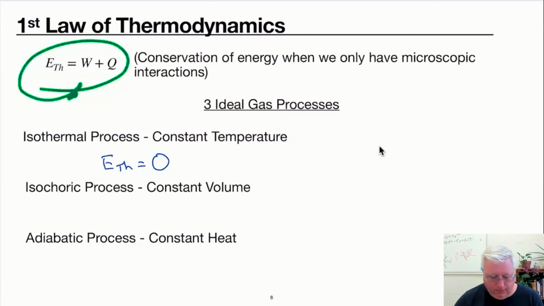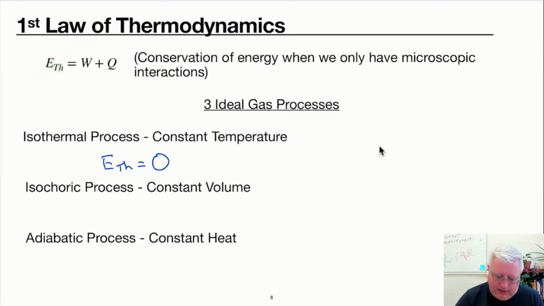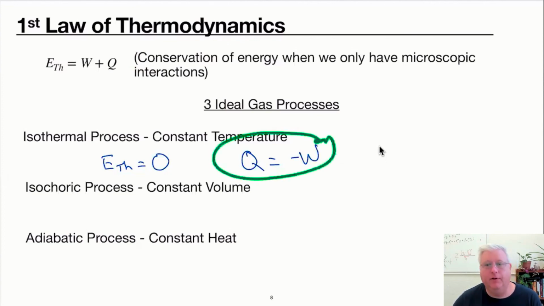If we get rid of the thermal energy term, we're just left with the heat turning into the work, or the negative of the work, because it's going the other way. So for an isothermal process, with constant temperature, heat turns into work turns into heat.